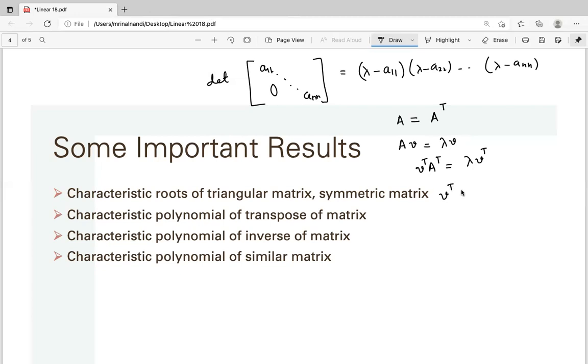So V transpose A transpose V is lambda V transpose V. Now, if A transpose is A, then AV is lambda V. This is why, for a real symmetric matrix, this is real.